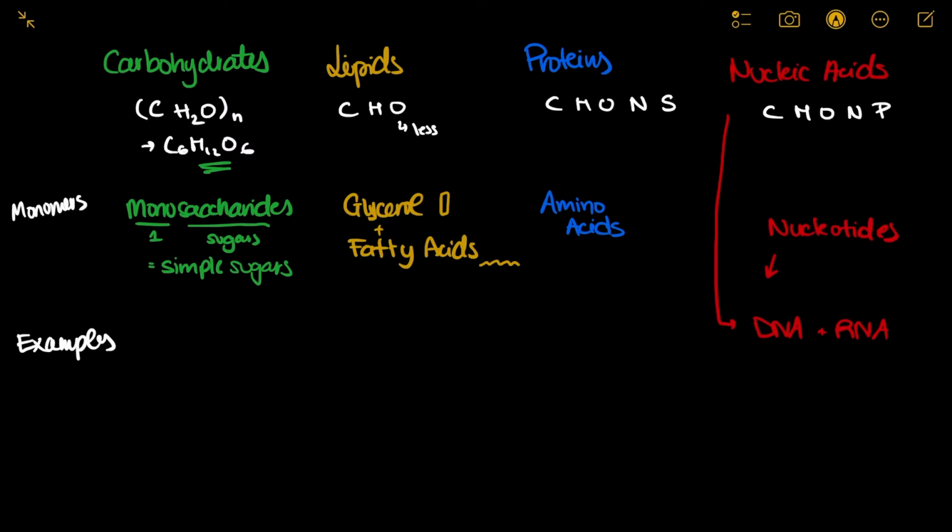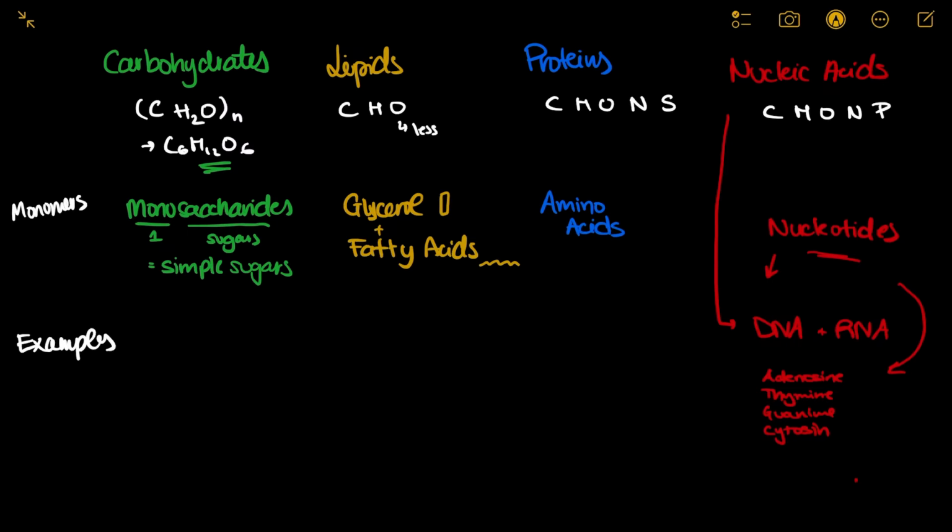Their building blocks, their monomers, are the nucleotides. For the nucleotides, there are 4 or 5 different ones. DNA has 4 different ones: A, T, G, C. They're shortened like this. A stands for adenine, T stands for thymine, G stands for guanine, and C stands for cytosine.